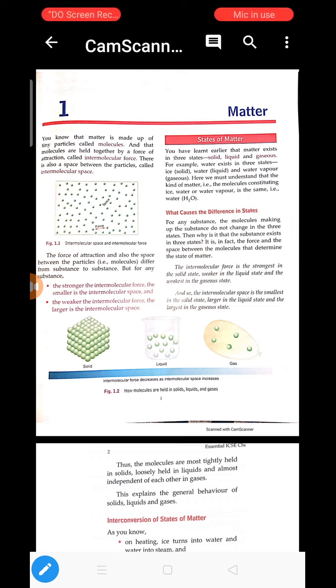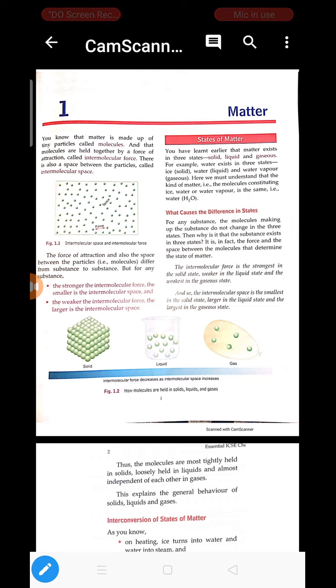And now we study what the causes of the differences between the states are. For any substance, the molecules making up the substance do not change in the three states. Then why does the substance exist in three states?